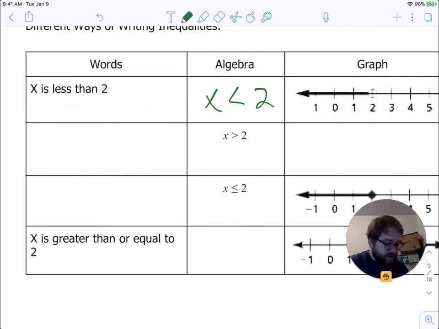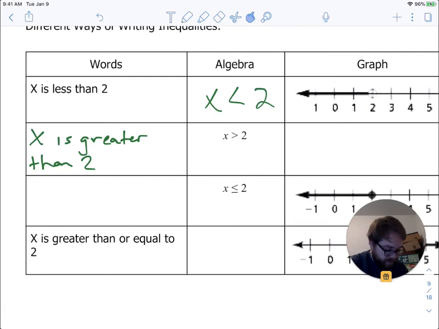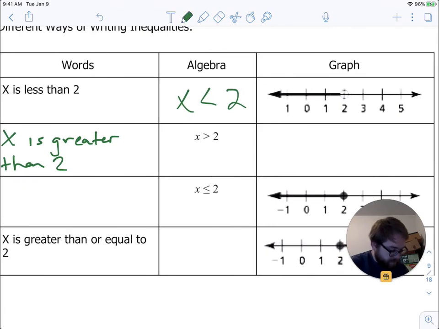And the next one says x is greater than 2. That's what we see in the algebra here. X is greater than 2. So if I write that out in words, x is greater than 2. And then if I were to graph that, we know how to graph that. I draw my number line here.